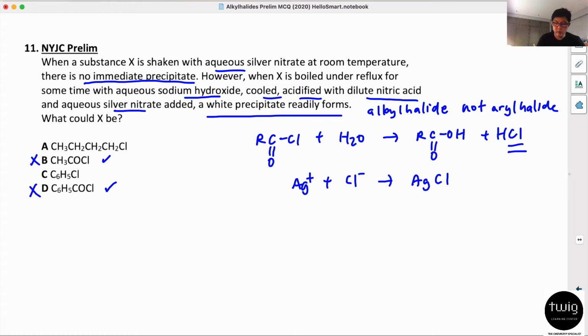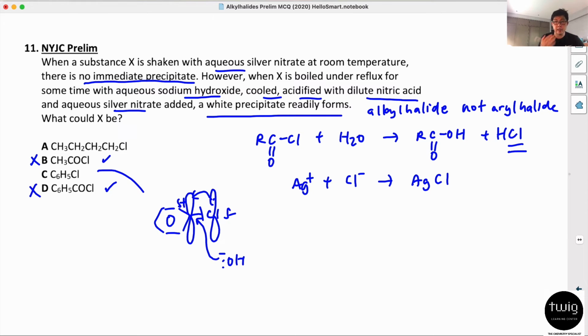You can see from here, this one actually is chlorobenzene. It has partial double bond character. We know that the lone pair here can delocalize, and it strengthens the bond. So we add OH minus as a nucleophile, and it tries to attack this carbon to break this C-Cl bond, but it's unable to. So there's no substitution of the Cl minus.